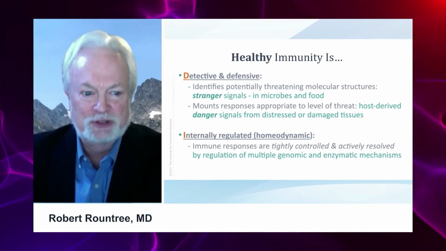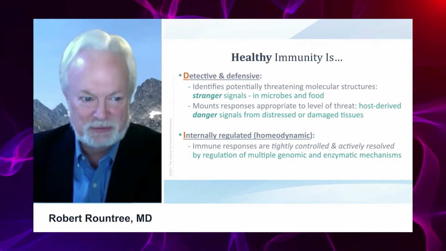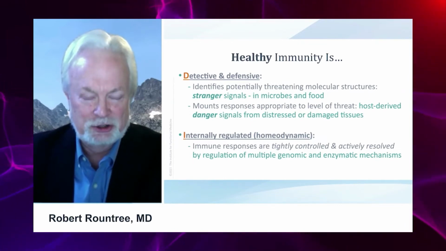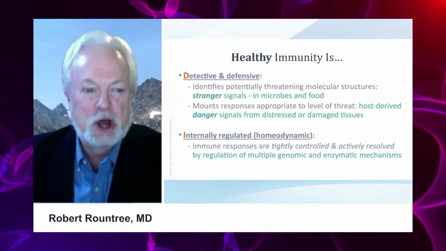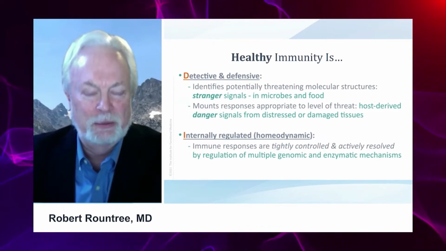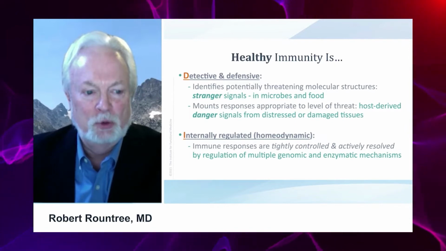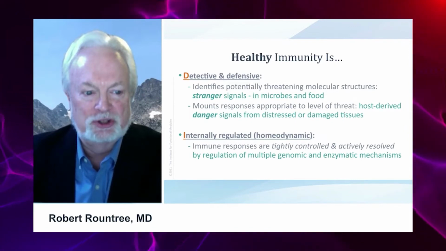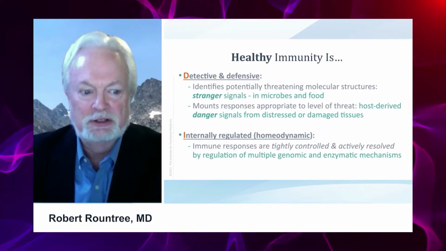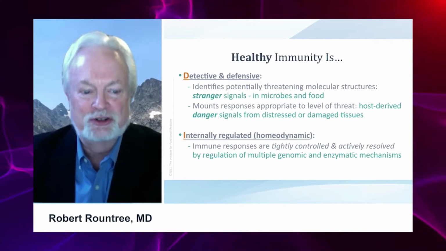And where do we find these stranger signals? In microbes and food. But our immune system doesn't just react to stranger signals. It notices them. It's aware of them and is primed and prepared to react. But what really induces the immune system to respond is host-derived danger signals.